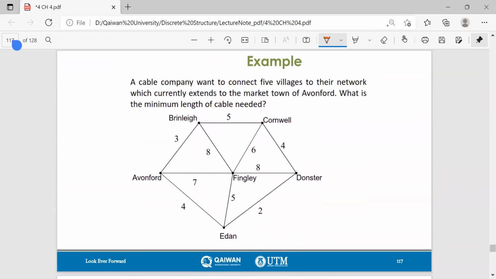Let's see. Here you have an example. It says a cable company wants to connect 5 villages to the network, which currently extends to the market town of Avonport.